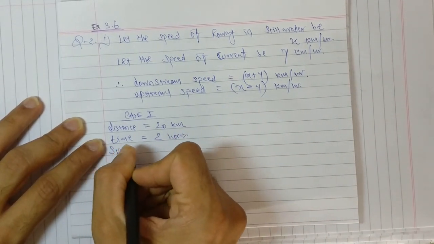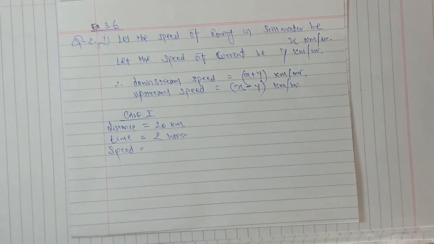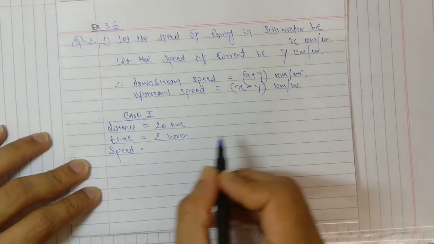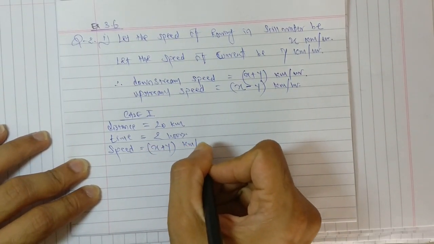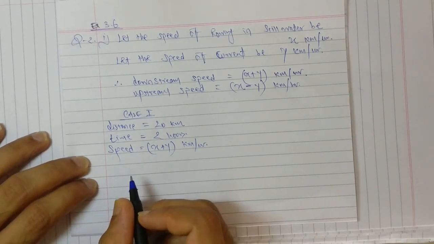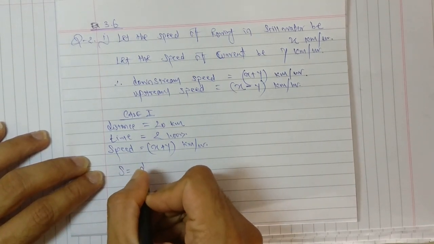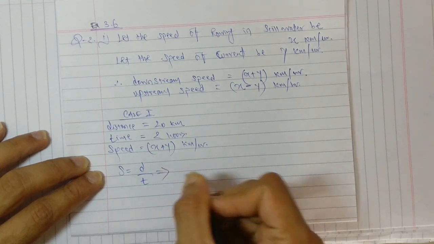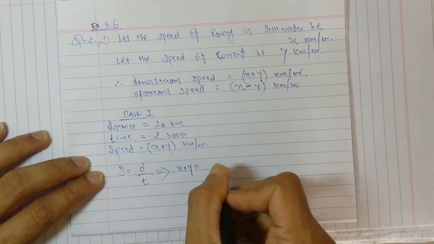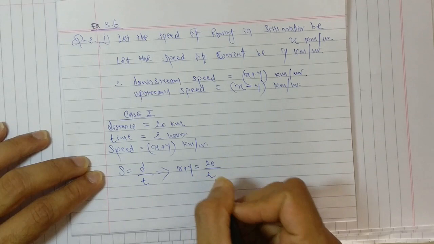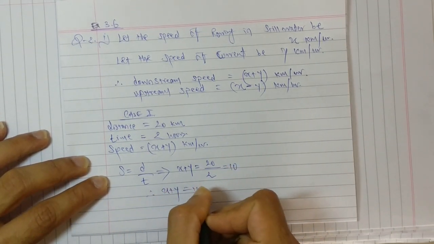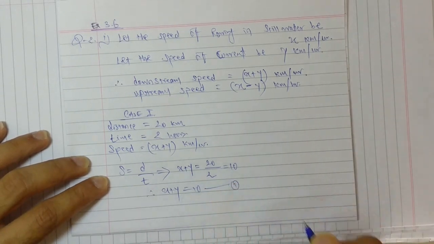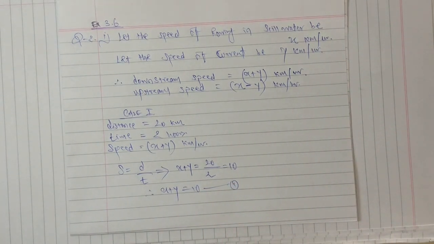And as she is going downstream, the speed will be x plus y kilometer per hour. How to form the equation? Speed is equal to distance upon time. That implies x plus y is equal to 20 by 2, that is 10. Therefore x plus y is equal to 10 will be equation number 1. Okay, we got a direct equation. That is good news.